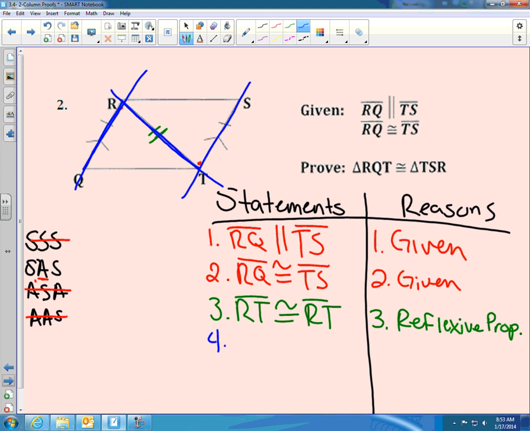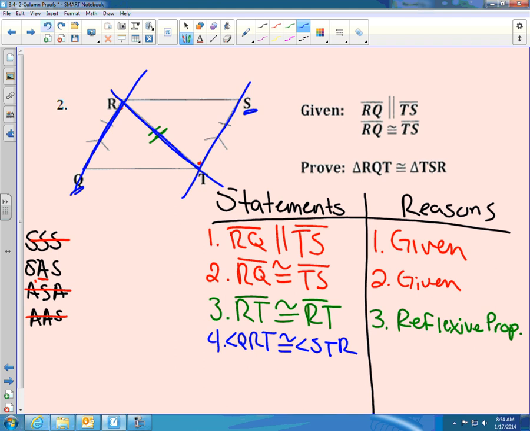All right, so I can't just say angle R because angle R would be talking about this entire angle here. So we are going to specify angle QRT is congruent to angle, and now we have to do it the same order. So Q is going to match with STR. So why are those two angles congruent?